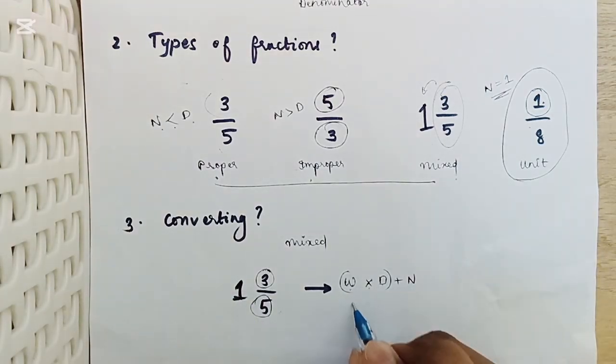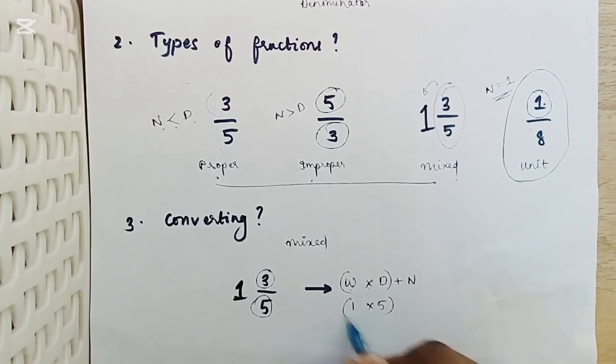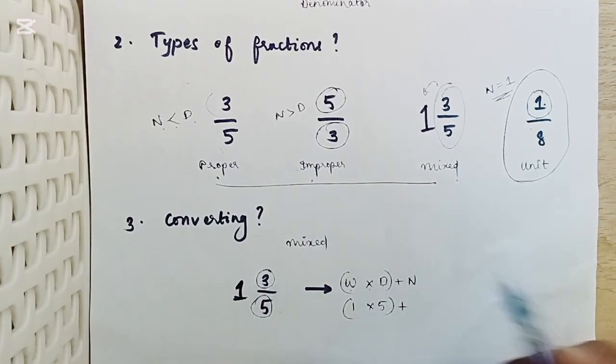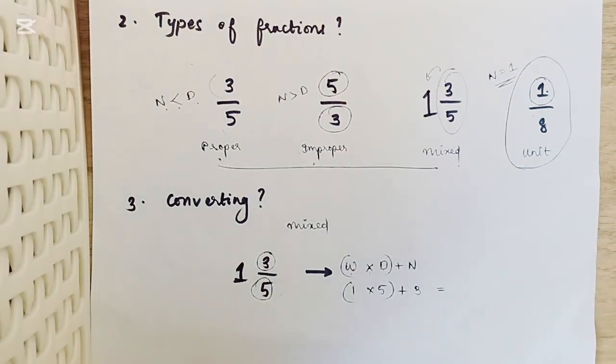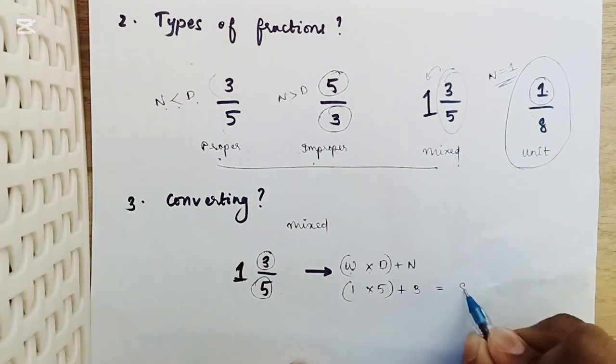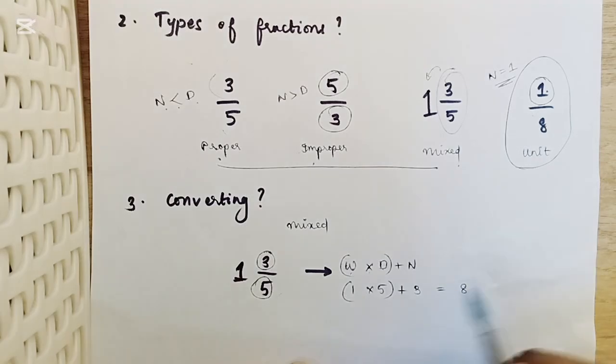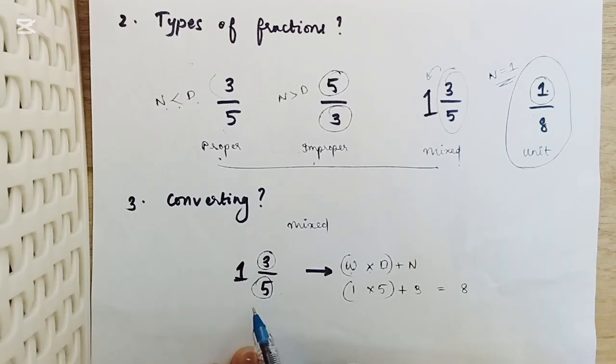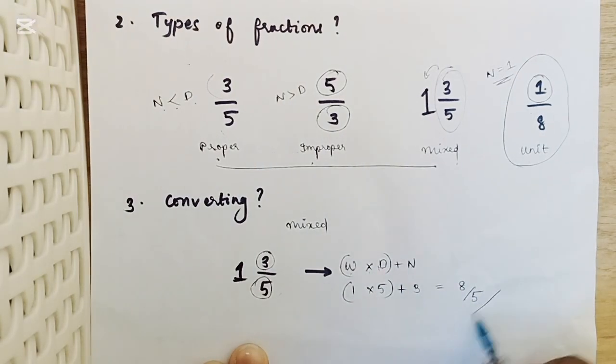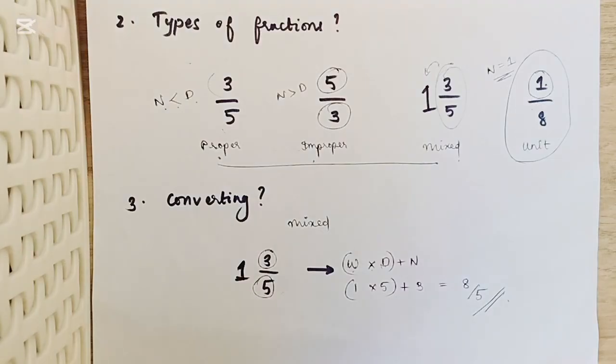So that will be 1 into 5 plus numerator, which is 3. So 5 plus 3 will be 8. Now, is 8 a fraction? No. How do you convert this into a fraction? You just put it over the denominator. So 8 by 5 will be the improper fraction.